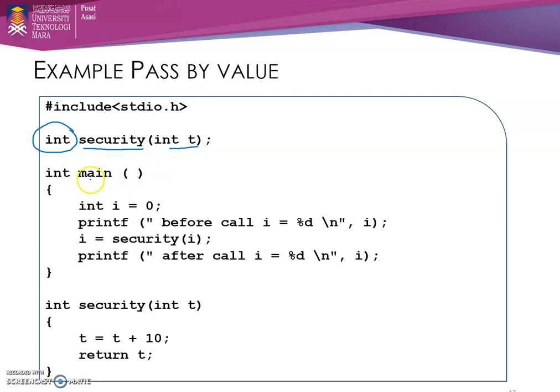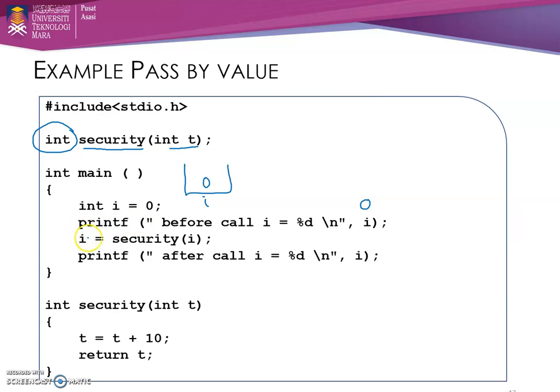Next, take a look at the main function. There is a variable called I, where the value of I is 0. The next statement is to print the value of I before the call, so the value of I is 0.